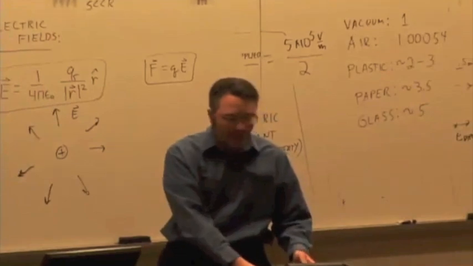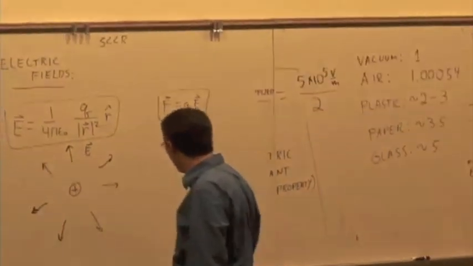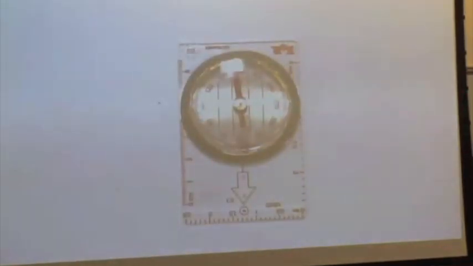So magnetic fields have to do with moving charges. The key idea behind a compass is that the needle points in the direction of the net magnetic field at that particular location. Okay, so we can use the compass as a magnetic field detector.